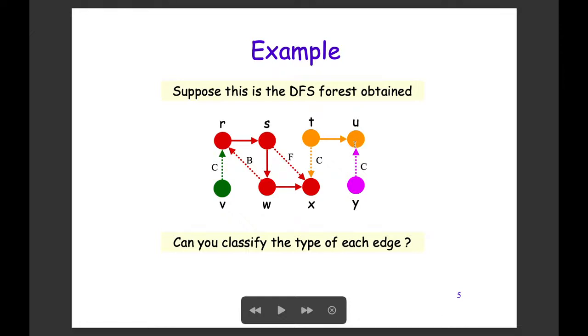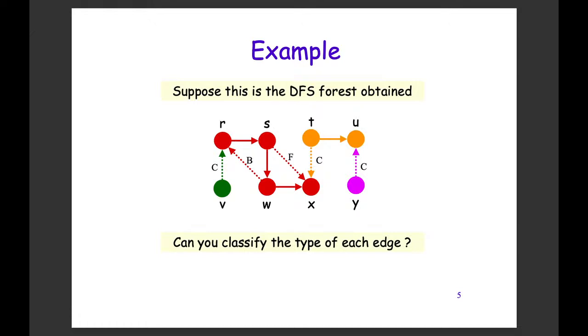A cross edge could have two cases. One is we are pointing from a node in one tree to another node in another tree. So this could be a cross edge. But can we have a cross edge within the same tree?